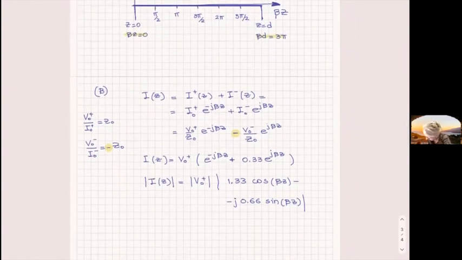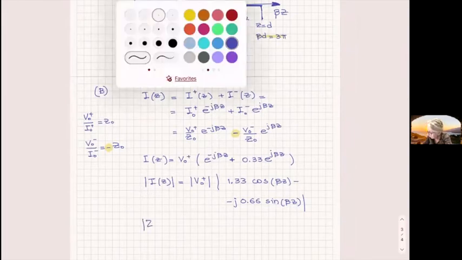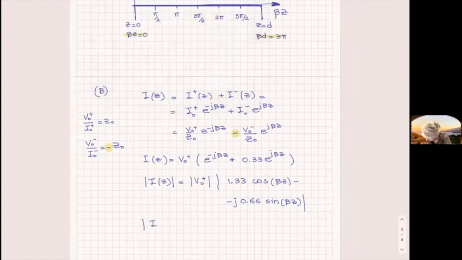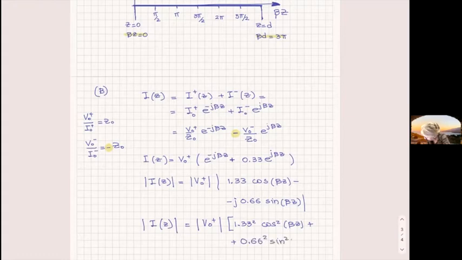All right, so there is a difference, but when I try to get the square root of this, this is going to give me V naught plus, and then the square root of 1.33 squared cosine squared beta z plus, and in fact, let me put it in parentheses, because I cannot extend the square root, 0.66 squared sine squared beta z.